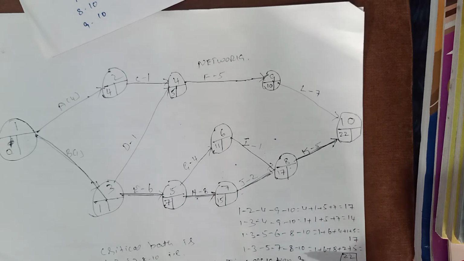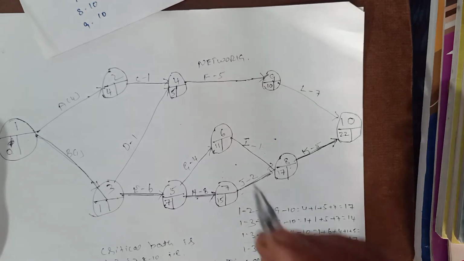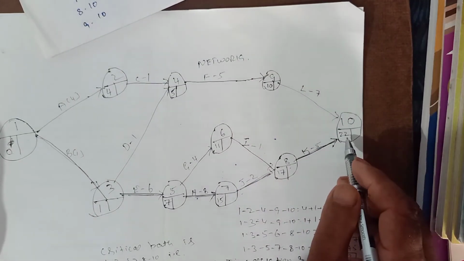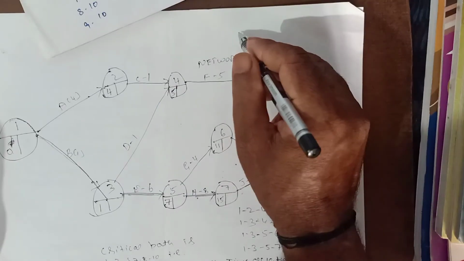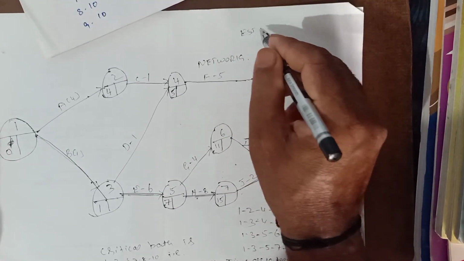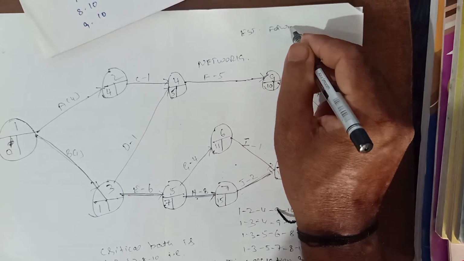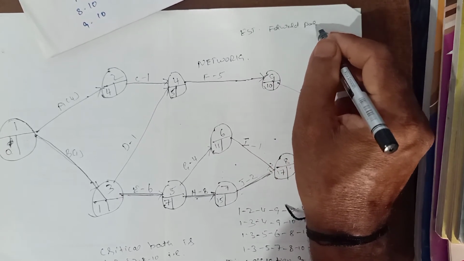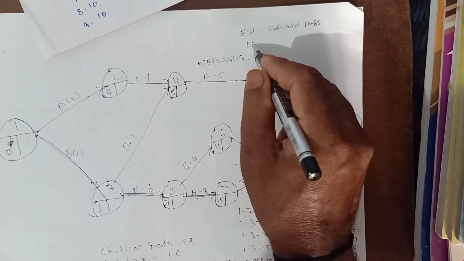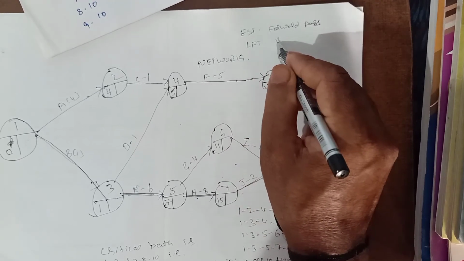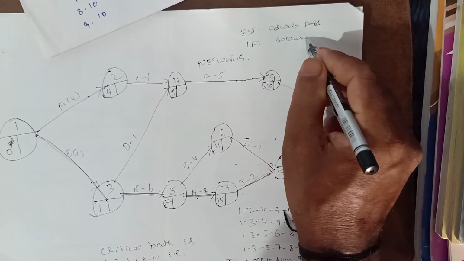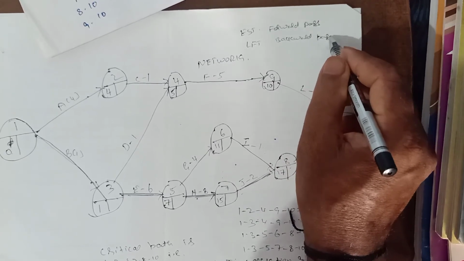Okay. Now the latest finish time of the activity. The earliest start time we call the forward pass, and LFT, the latest finish time, is the backward pass.